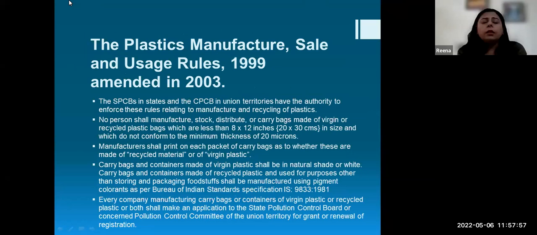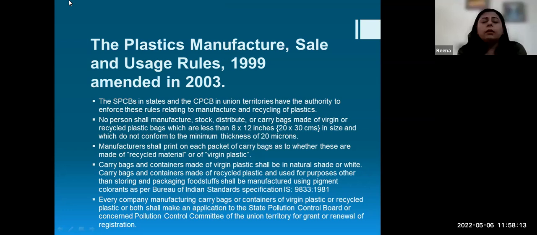So why is this thickness so important? Because technically, the lower the thickness, the higher is the cost involved in collection, segregation, and disposal of that plastic waste.